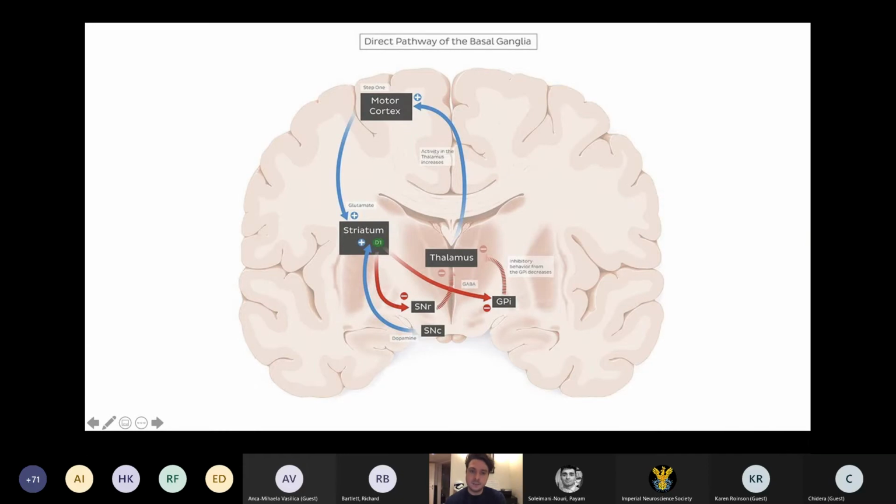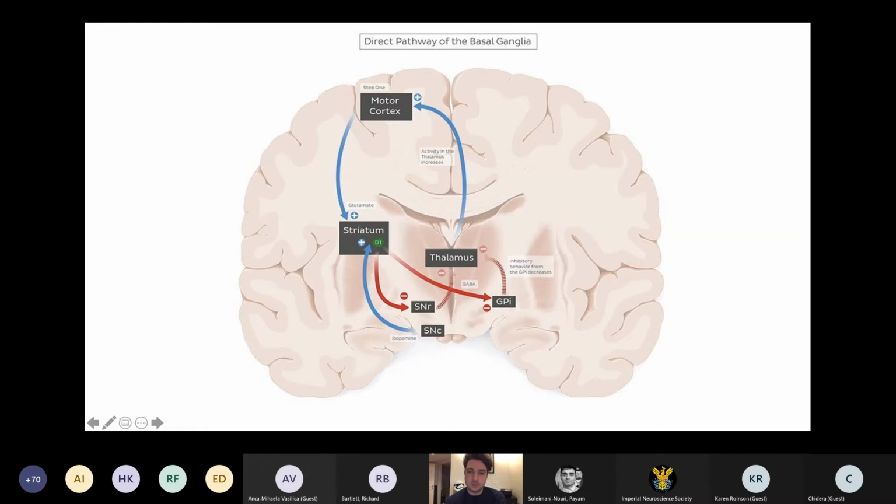So if we've excited the striatum, whose natural way is to have an inhibitory effect on this GPI, this internus, we're telling the striatum, yes, you're going to increase the action potential along this inhibitory line. So you get an excitation which forces the striatum to have its negative effect on this internus.